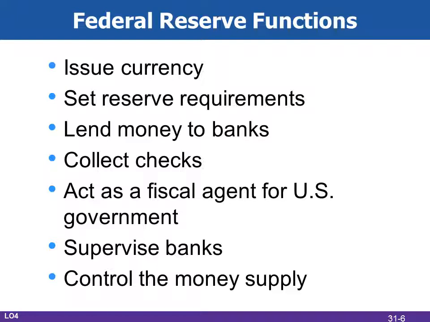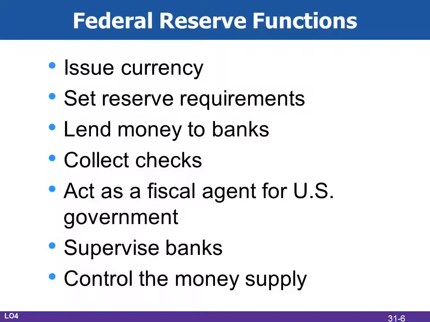The next function of the Fed is also very important. It's lending money to banks. All right, and this chapter finishes with a detailed description of what happened during the 2007 financial crisis, and this particular function of the Fed became extremely important and actually expanded in its role of lending money to banks, and we should say lending money to banks and other financial institutions.